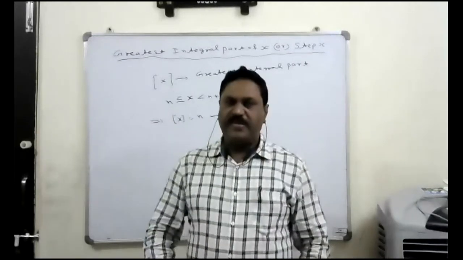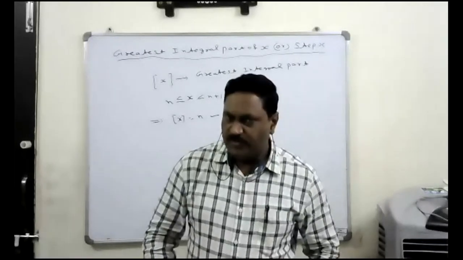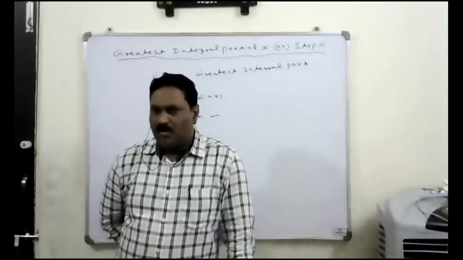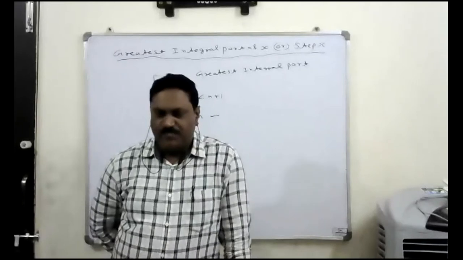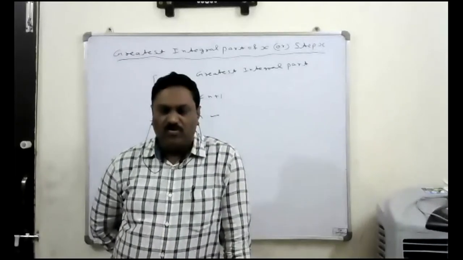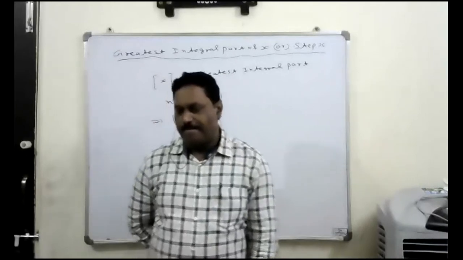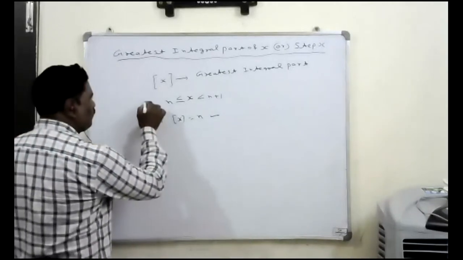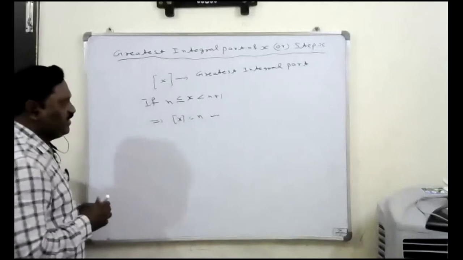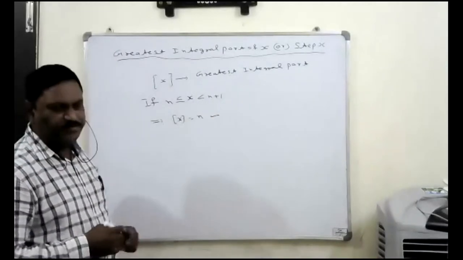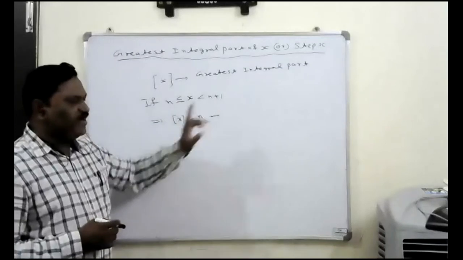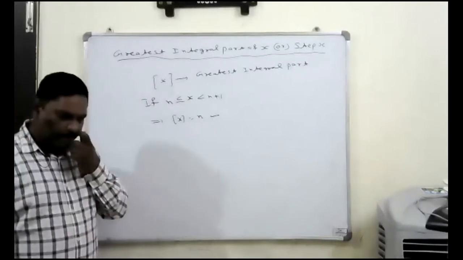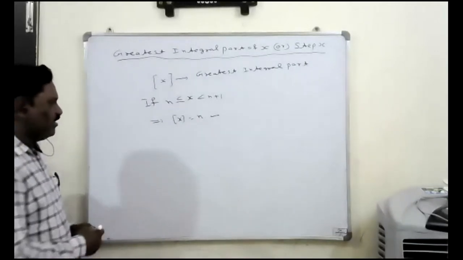It gives the greatest integer before the value of x. That is, if n is less than or equal to x less than n plus 1, then the integral part of x is equal to n.